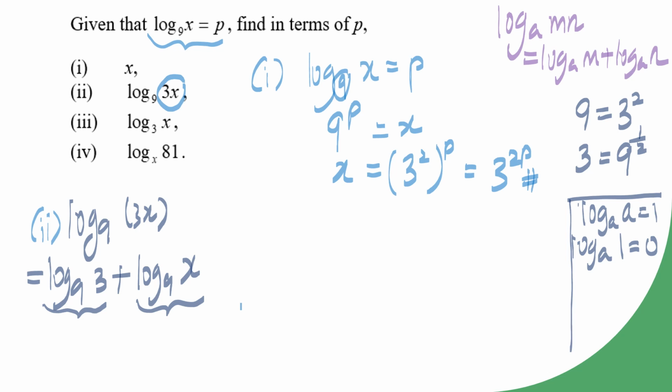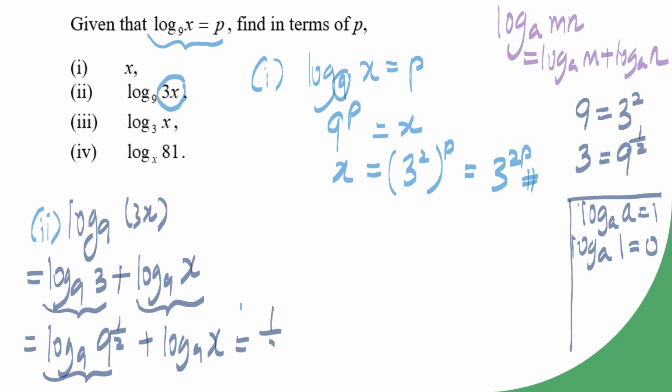So for example, in this case here, you must be able to write 3 as 9 to the power half. Why? Because if I can write 3 as 9 to the power half, the square root of 9 gives me 3. Then can you see I have a power half there, and then I can apply the power law.